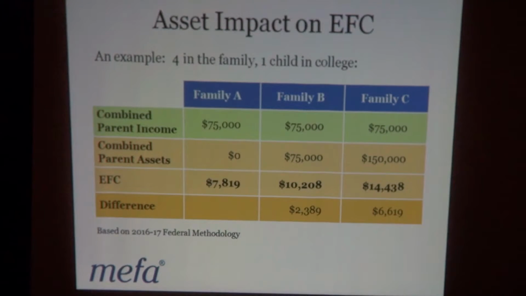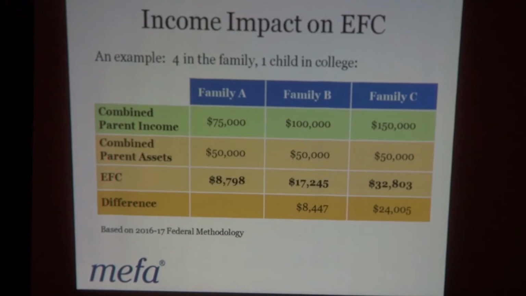So here in this example, it's a family of 4. There's 1 child in college, 3 different families, and they all have the same income but varying assets. And you can see that the difference in the EFC is really not that great compared to the difference in those assets. Particularly when you look at the next slide and you look at the income impact.